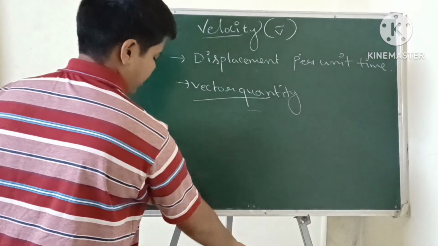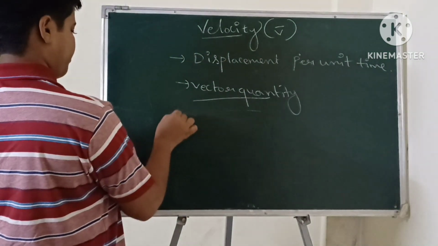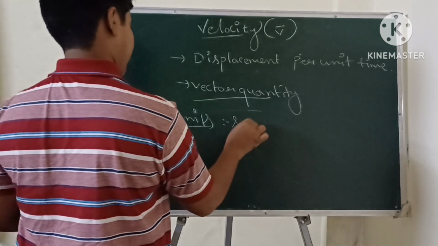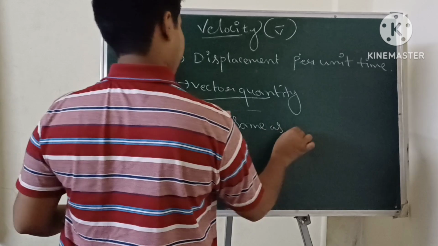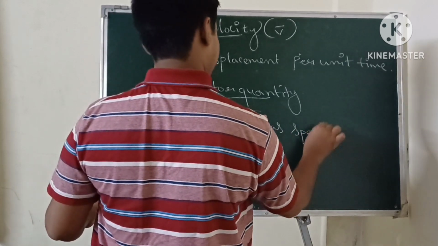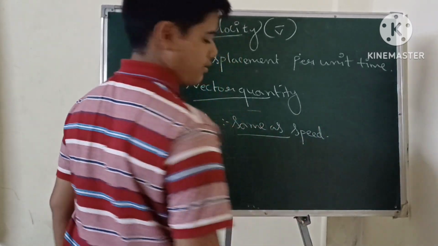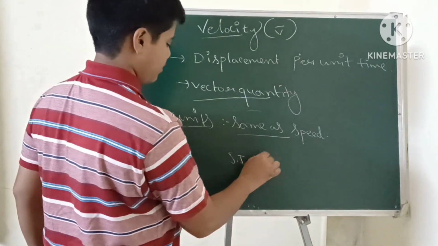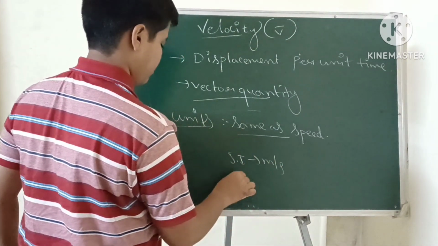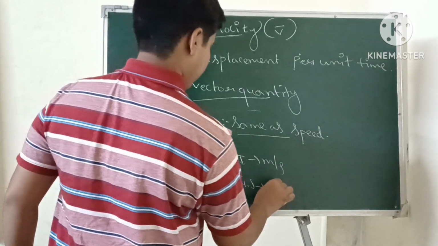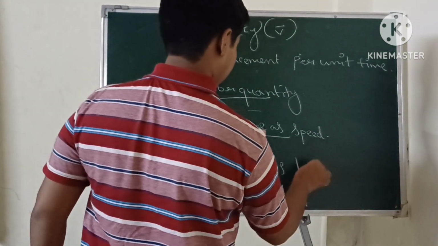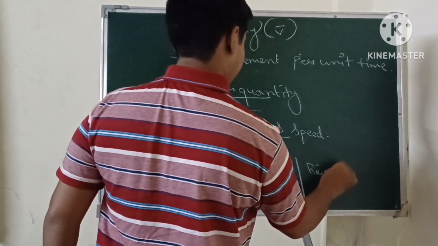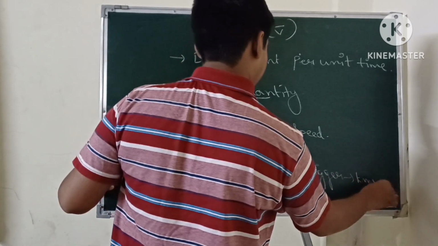And units are also the same as speed. Same as speed means SI meter per second, CGS centimeter per second, bigger kmph.